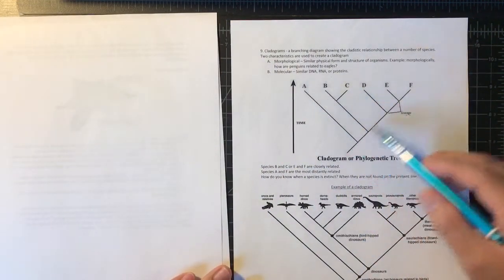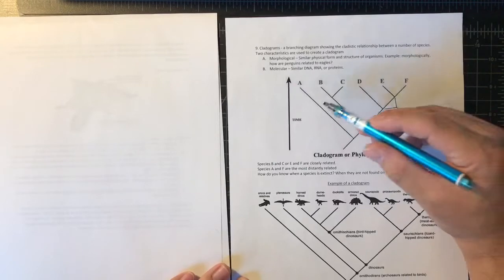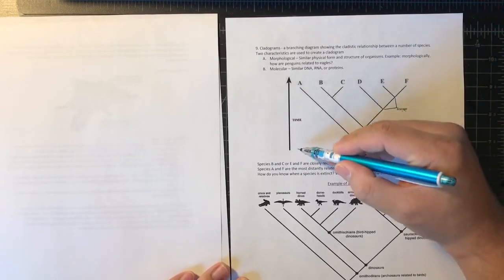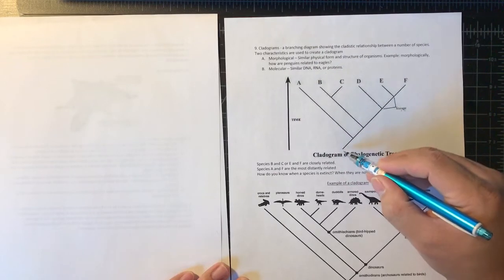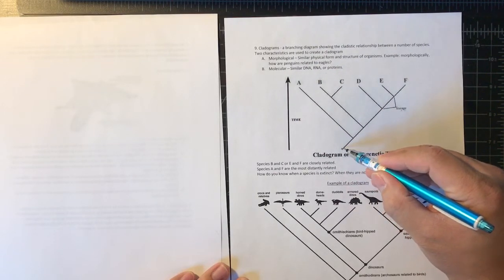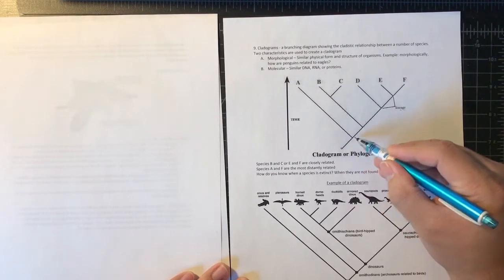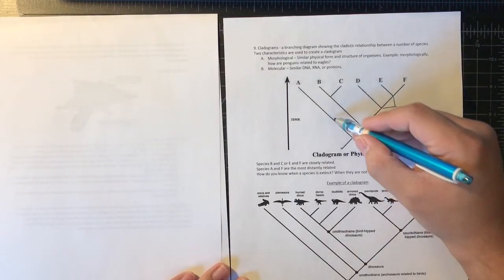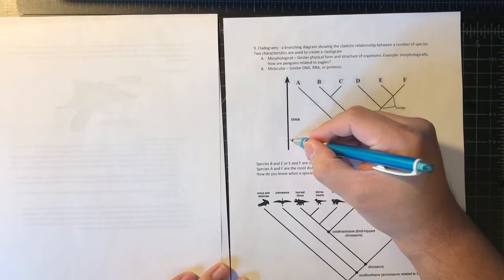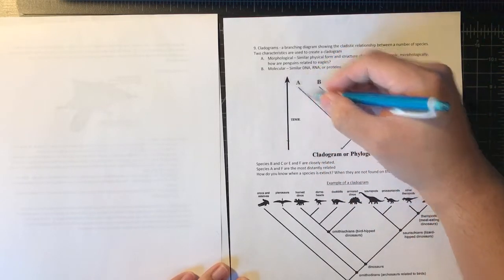Let's take a look at a typical cladogram. You'll see that you have time on the left side. Usually, always, there's time on the left side, and you have a common ancestor that starts out over here, and then somewhere along the line they broke up, speciated, a long time ago. So remember, this much time ago, they split.